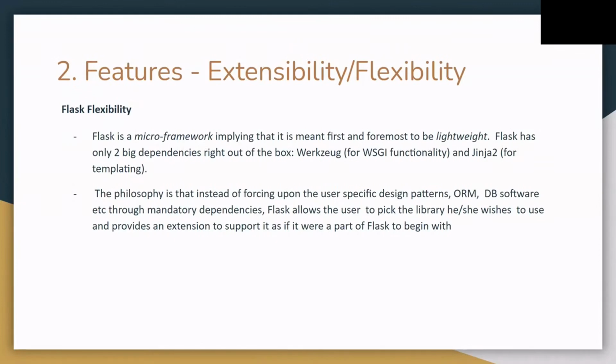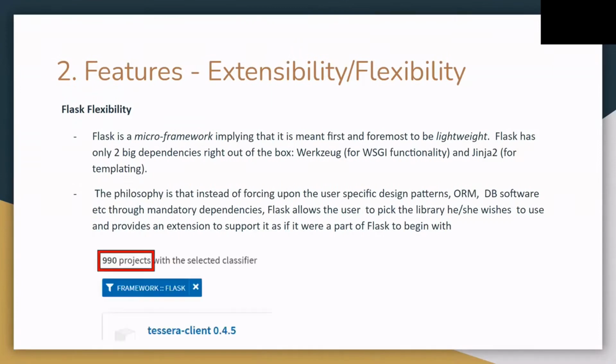And the philosophy behind this is that instead of forcing upon the user to use specific design patterns, a specific ORM, a specific DB software, you name it, through mandatory dependencies, Flask basically just goes, pick whatever you want. And whatever you choose to use, I've got an extension to support it as if it were part of my main code base anyway.